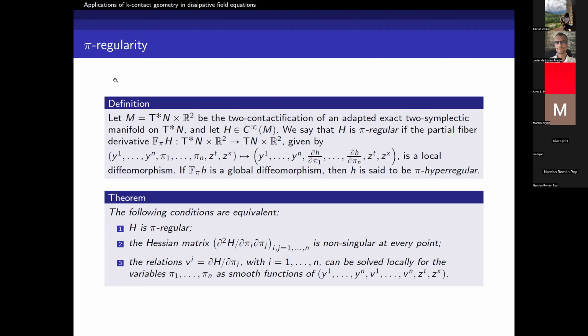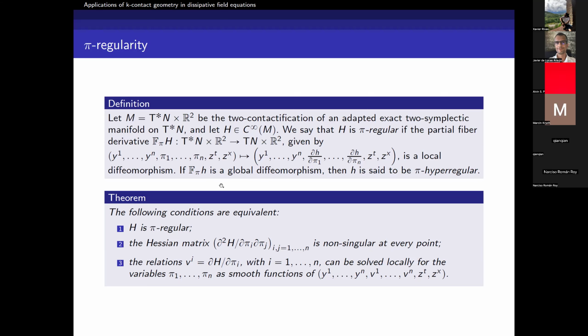We will define the pi regularity. So if we define M in the following way, as a k-contactification of an adapted exact k-symplectic manifold, and we have a Hamiltonian, we say that H is pi regular if the partial fiber derivative, given in coordinates in the following way, is a local diffeomorphism.